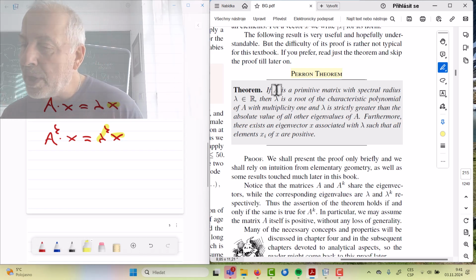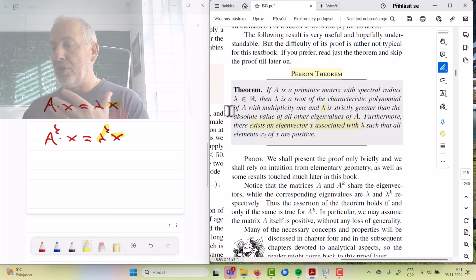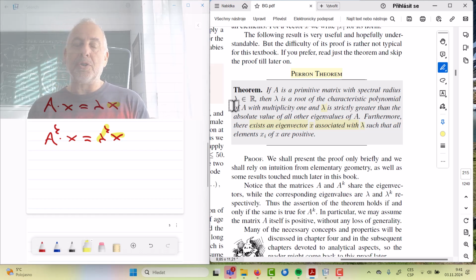And then we can say that there exists an eigenvector associated with the dominant eigenvalue, and the dominant eigenvalue is the spectral radius. So remember, spectral radius was the absolute values of all the eigenvalues. That was the spectrum of the matrix.